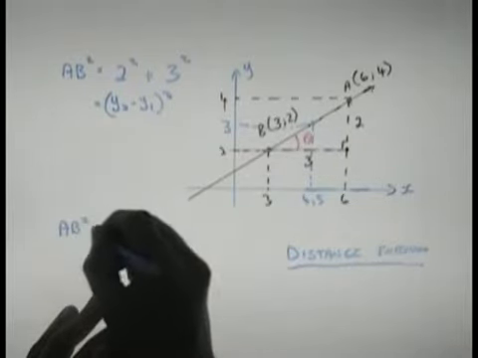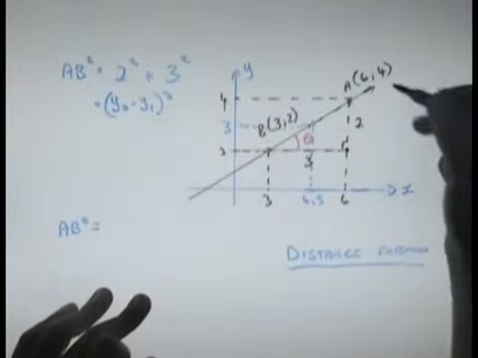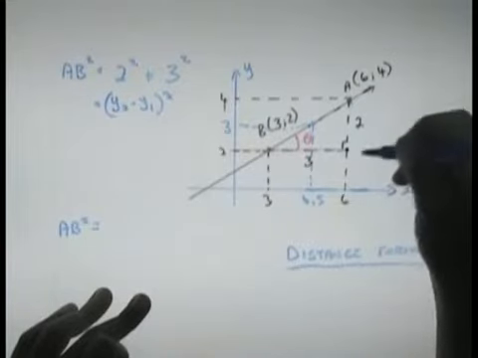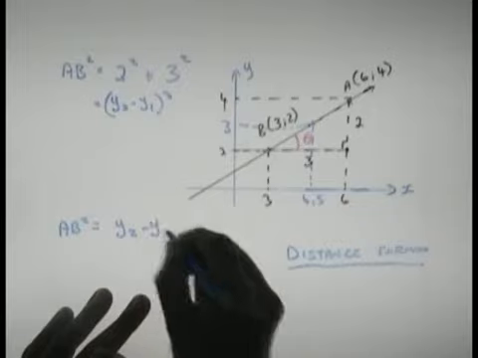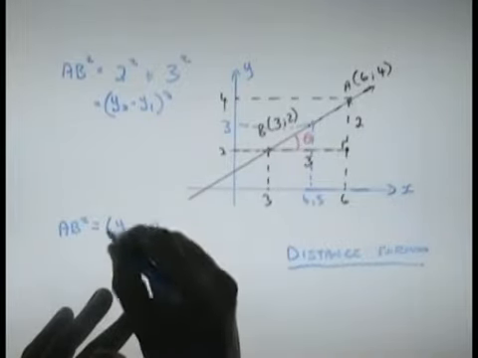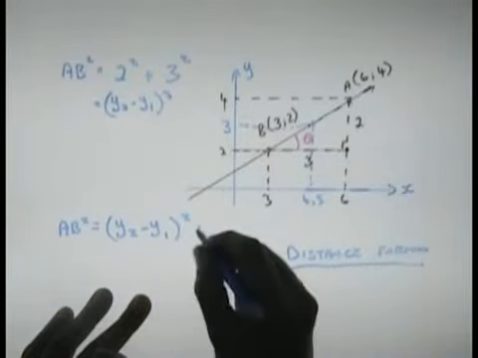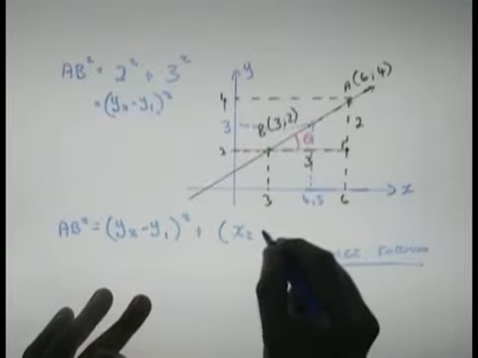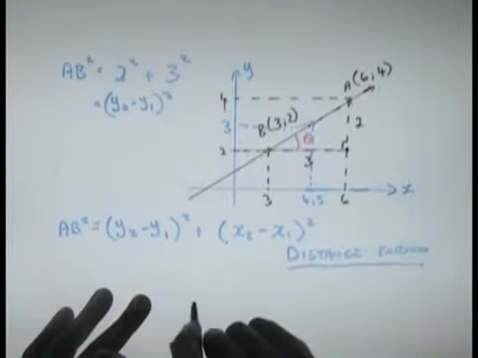We know that AB squared is equal to 2 squared, but instead of saying 2 squared, we're going to say 4 minus 2 squared. But instead of saying 4 minus 2, isn't 4 the y value 2 and 2 the y value 1? All of that squared, plus 3 squared. Same thing with 3, it's going to be given by x2 minus x1 squared.